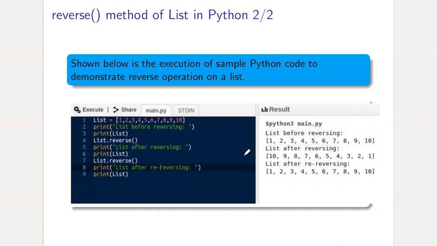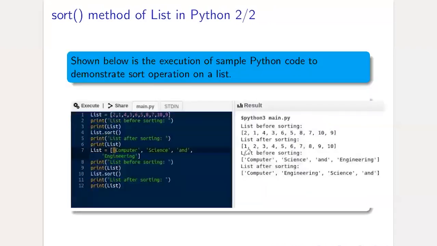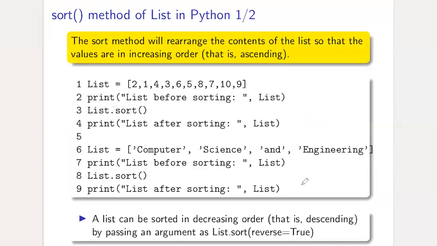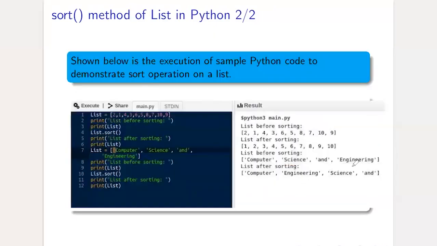So if you had for example computer science and engineering, if you did a sorting with reverse set to true, you would get the items in this order: science, engineering, computer, and. Okay, and if you want to go back to the original list, there is no way you can do it. Once you have sorted, there is no command called unsort.